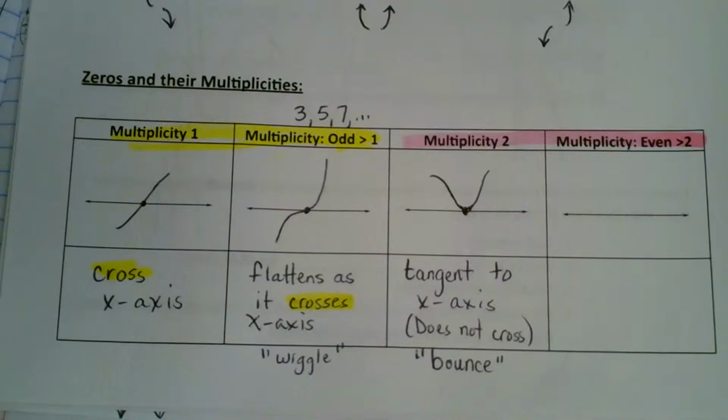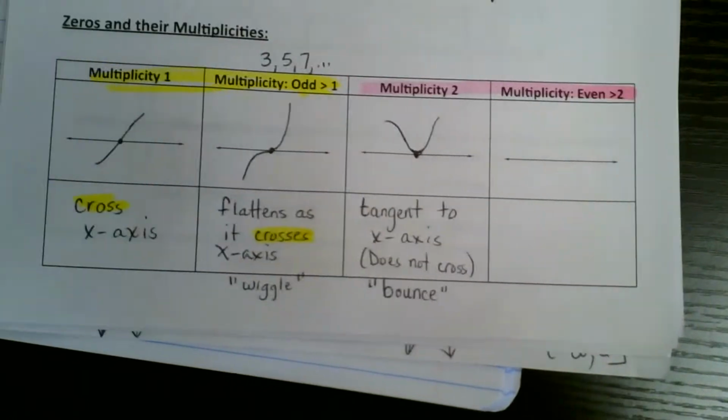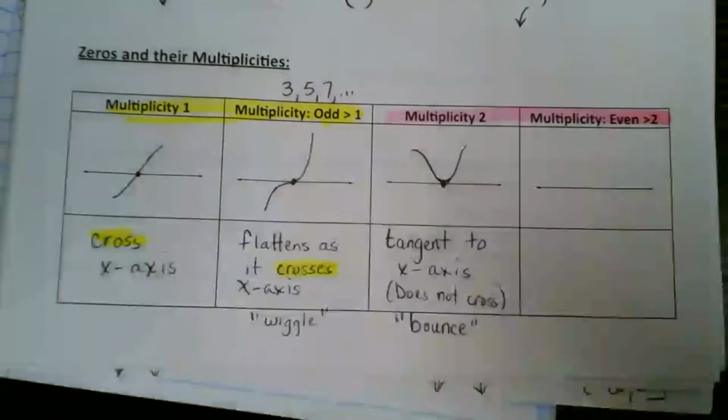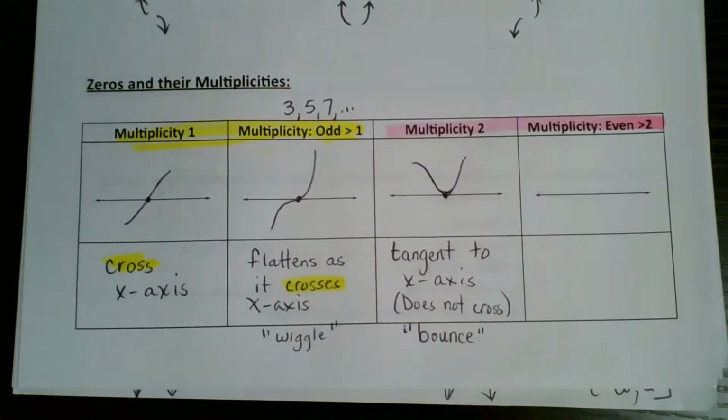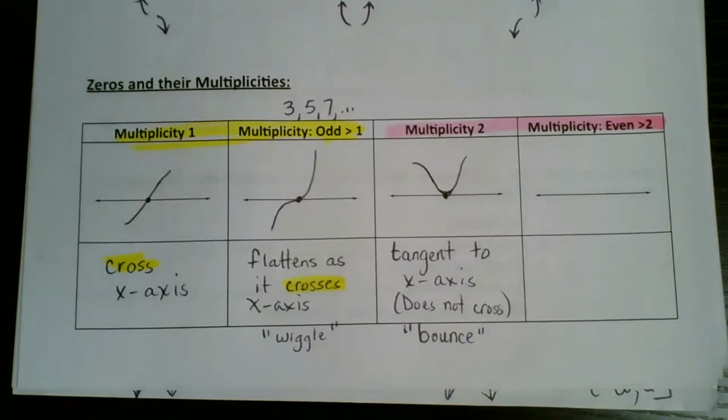Turn it around. Okay, so we were talking about how the various multiplicities affect graphs. Everything we did in 3.2 and 3.3 was building skills to help us create graphs of polynomials.